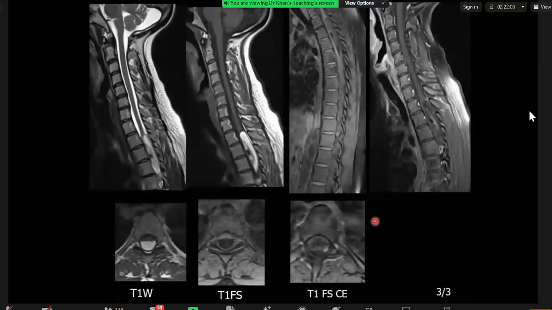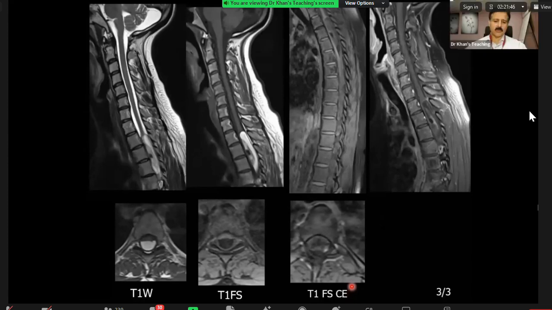There is some post-contrast enhancement of the soft tissue density seen within the middle, and there is a fat fluid level looking thing on the T1. Sorry, that's not very familiar. That's fine.